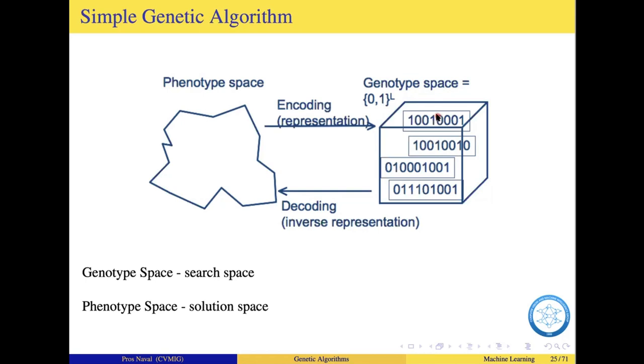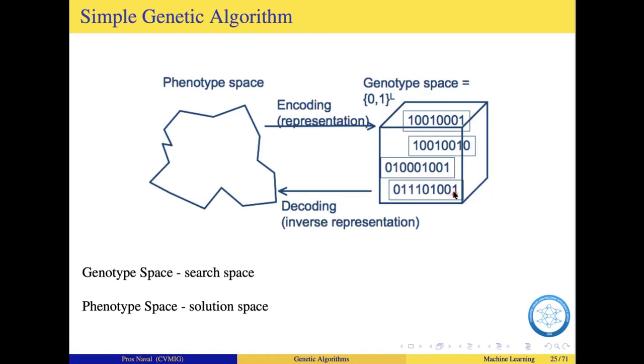So in this space, you search for the best individuals, which, when mapped back, decoded, will give you the best individual.